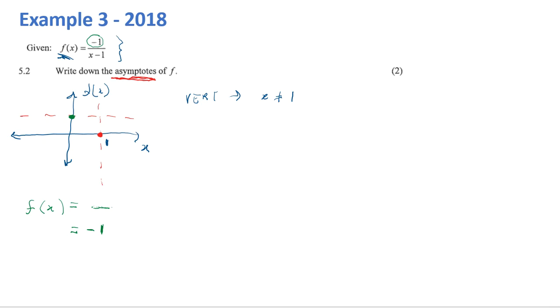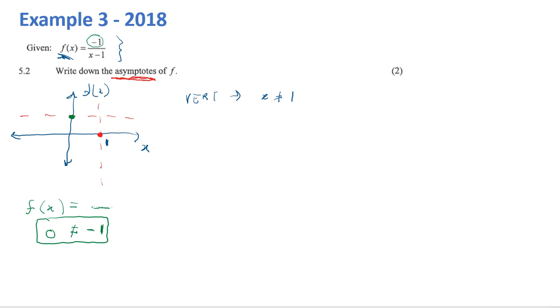But if I choose this f of x value, which sits on the y-axis here, as 0, then you have a contradiction: 0 equals minus 1.